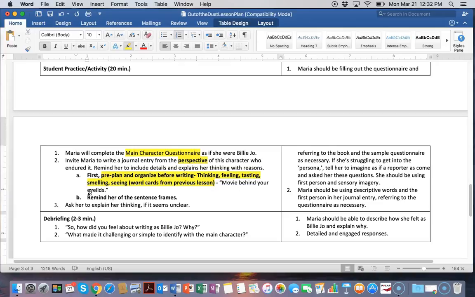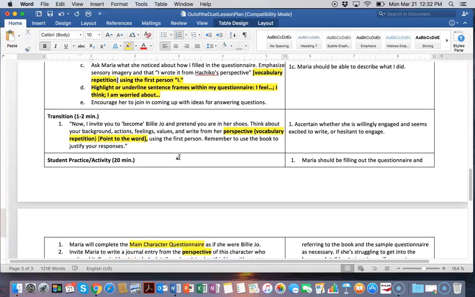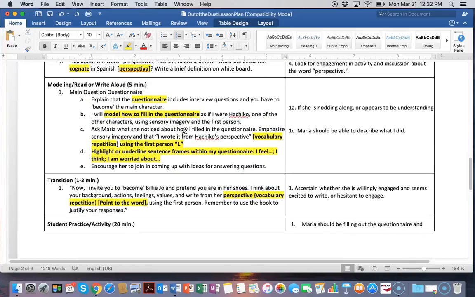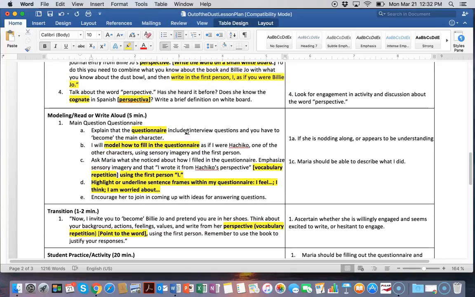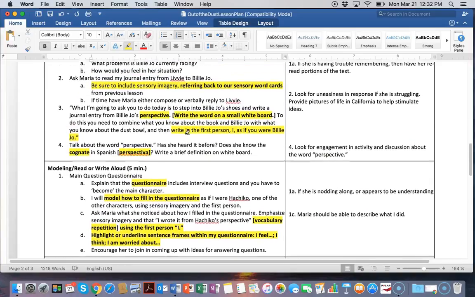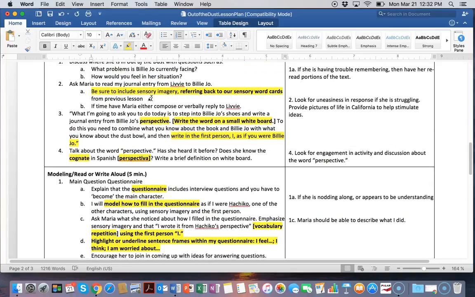Also, as the student begins to write the journal entry, the tutor reminds her of the sentence frames. Again, those are sentence frames that the tutor highlighted back in her own example of the journal entry up in the introduction to the lesson.